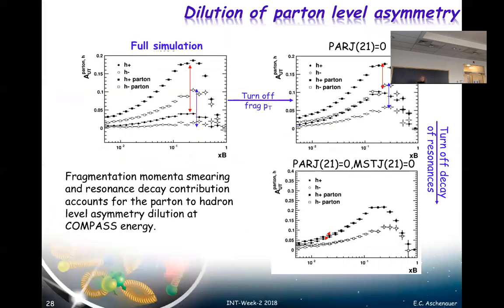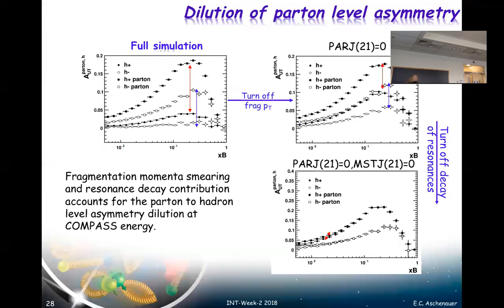And then if you do this, you find that there are quite some interesting things going on. What you see is that you have an input asymmetry, and you have the full simulation, and purely the fragmentation process. In your fragmentation you not only produce hadrons directly, like a pion, but you produce rhos which then decay.